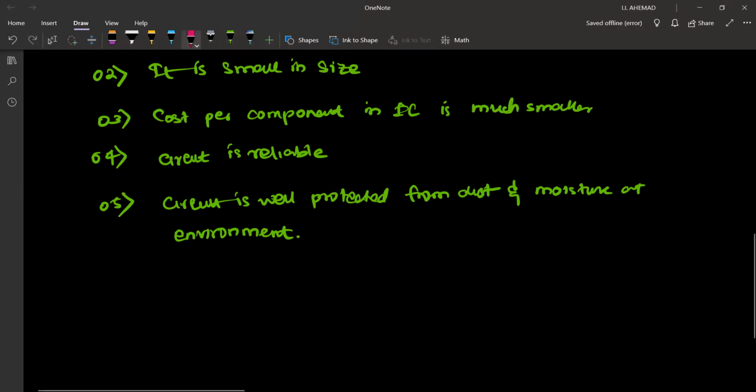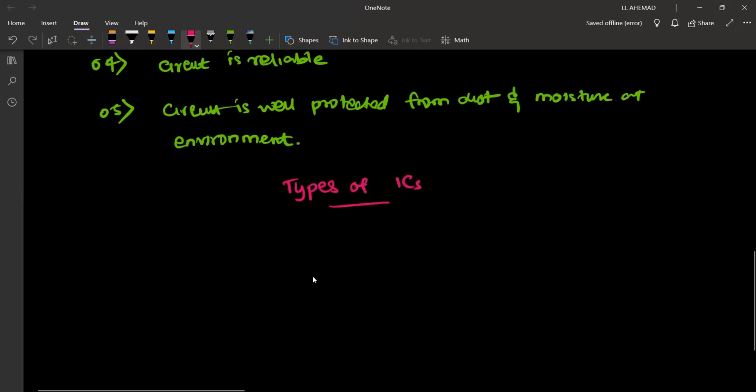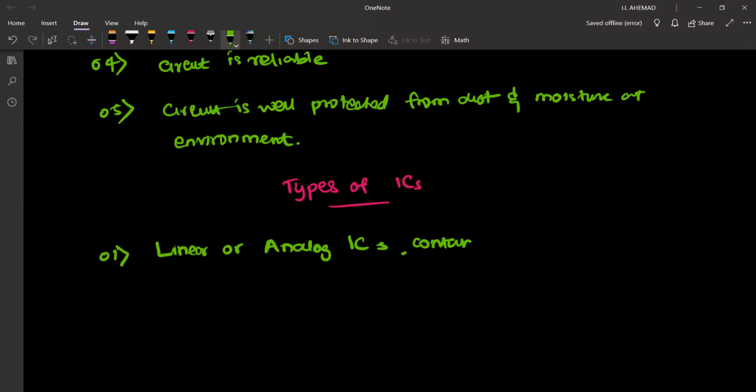So we have especially two types of ICs. We can classify ICs into two types. One is analog, the other one is digital. The first one, linear or analog ICs, containing amplifier circuits.